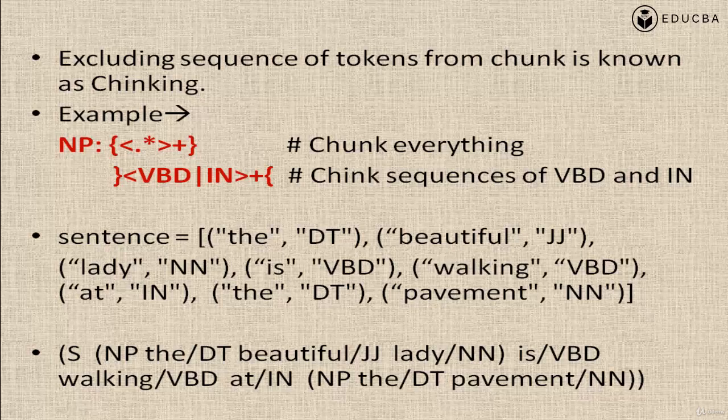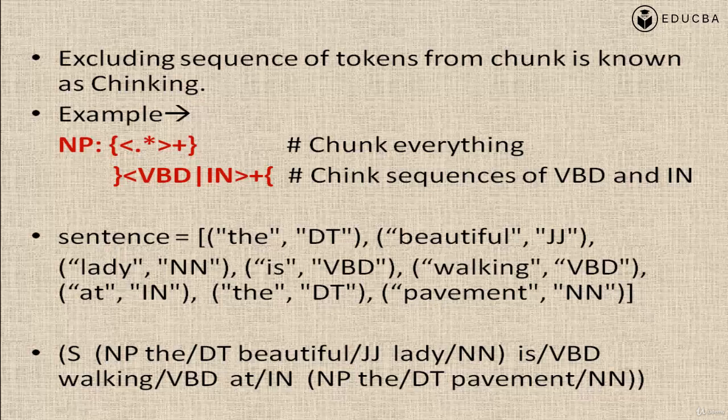Here we are chunking everything and we are chinking the sequence of VBD and IN. Is walking at is part of the chink sequence, that is, we have to exclude those from our chunk. That's why these are not coming in the noun phrase part. In earlier examples we used the tag pattern of chunking noun phrases, but here we are chunking everything and still we are getting only noun phrases.